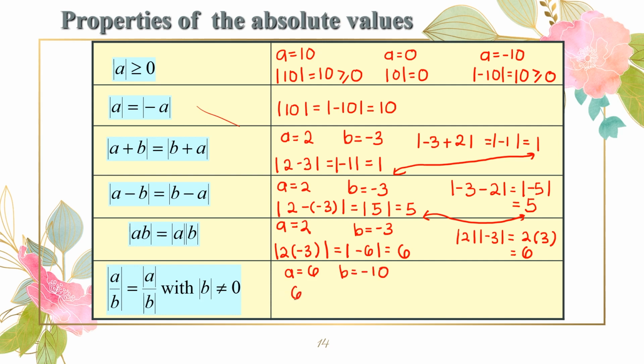So 6 over -10, the absolute values of the number. 6 over -10 will give us 3 over -5, and when we put the absolute values, it will give us 3 over 5. Same goes if we take absolute values of each number, which is absolute value 6 over absolute value -10. It will give us 6 over 10, and finally 3 over 5.